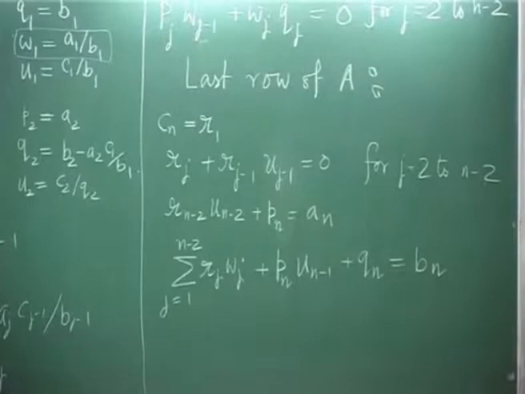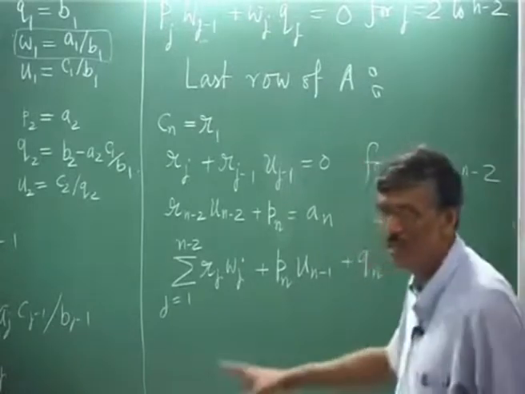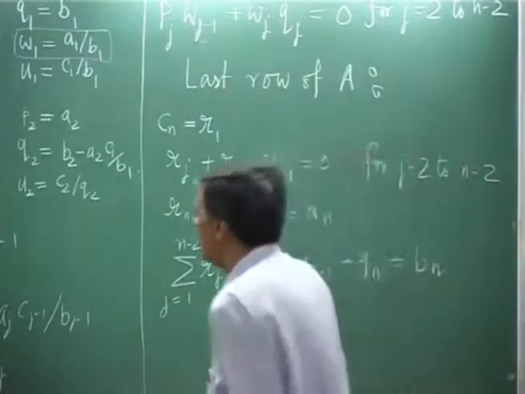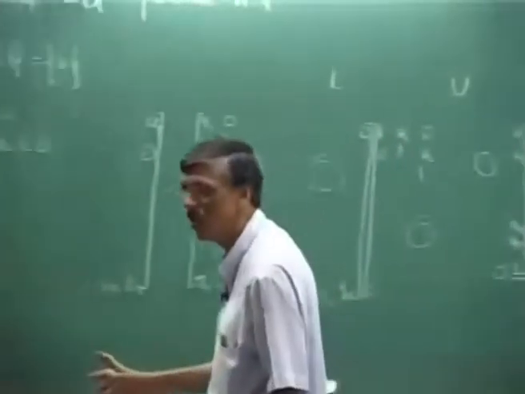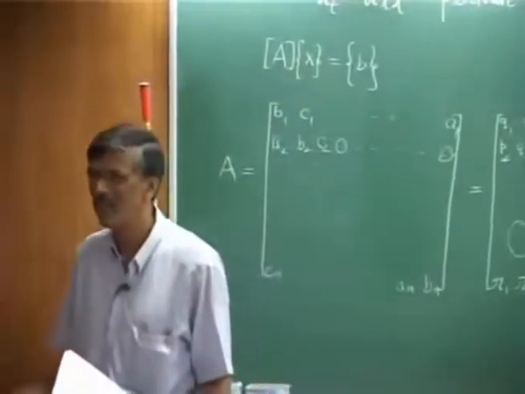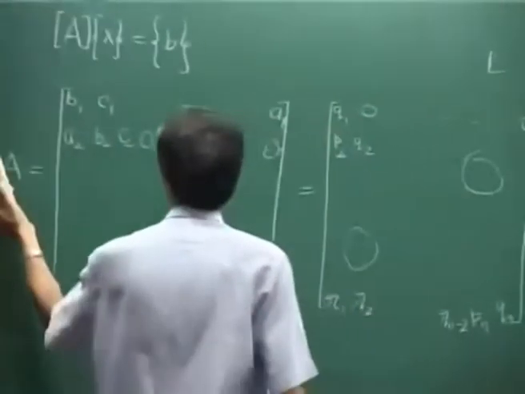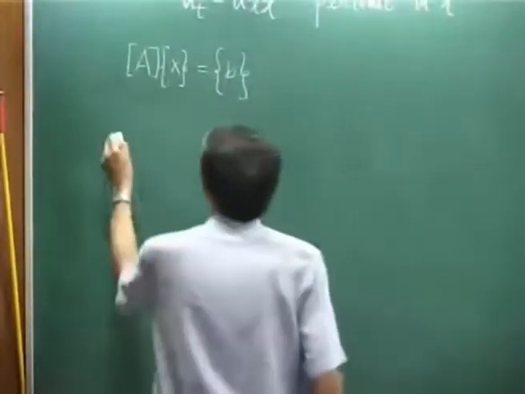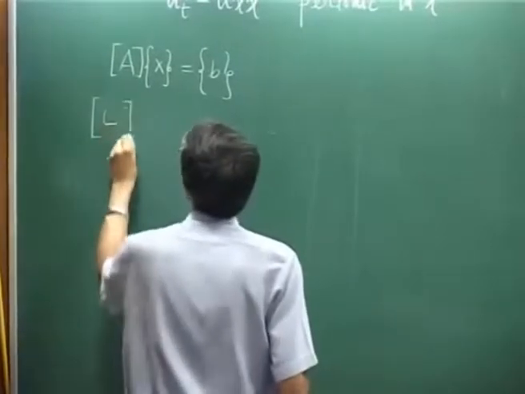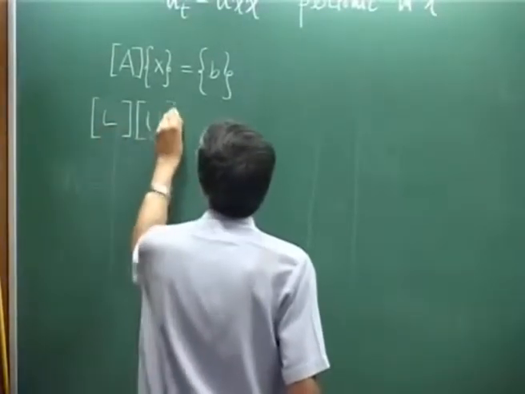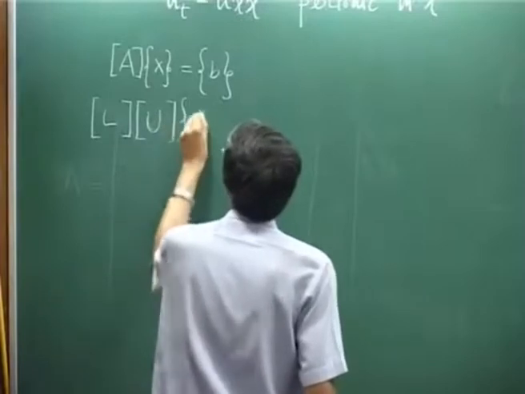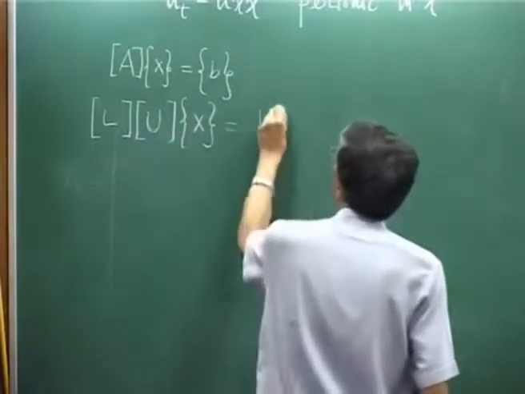So, now I think we have done our job. You can see that all the entries of the L and U matrices have been obtained. Having done that, you can follow the same procedure of solving those equations that we followed for the non-periodic case. You recall that we wrote L times U multiplying x is equal to the B vector.